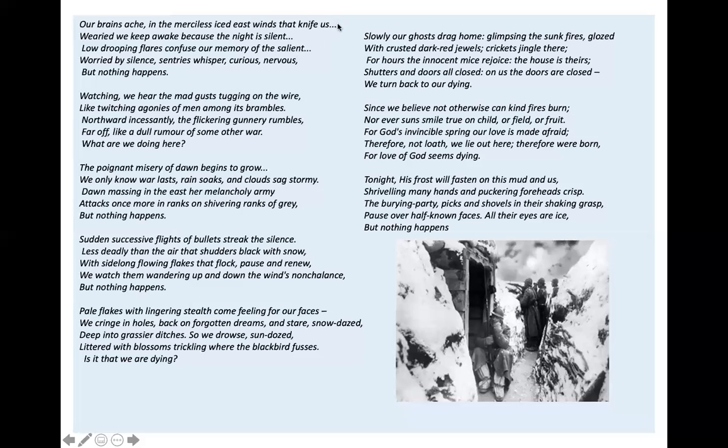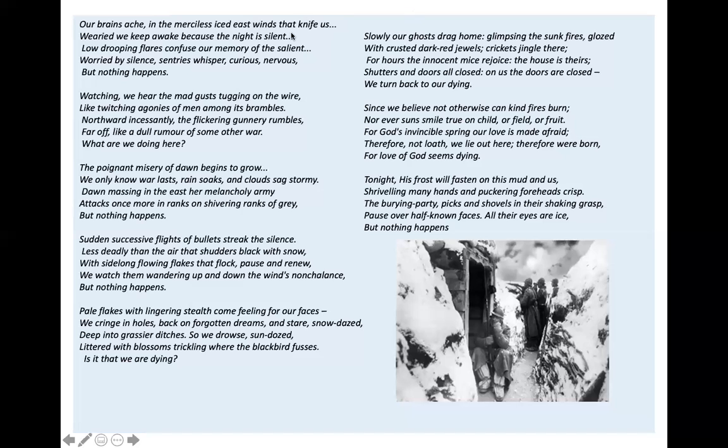In terms of rhyme scheme, let's look at the rhyme scheme quickly. You can see here, I don't know if you can see the arrow, us, silent, salient, nervous. So A, B, because silent doesn't rhyme with us.